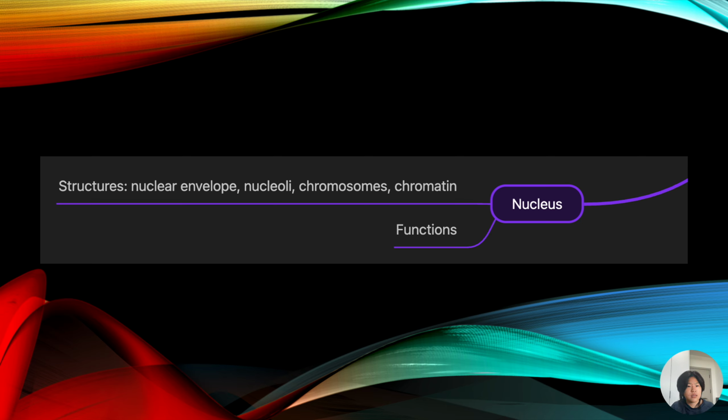molecules, some ions. Then we have a structure called the nucleoli, which is inside the nucleus. They're spherical bodies that function in producing ribosomes. As we talked about before, ribosomes produce proteins, but what makes ribosomes? Ribosomes are mainly made of RNA.